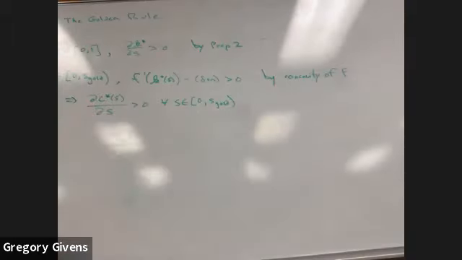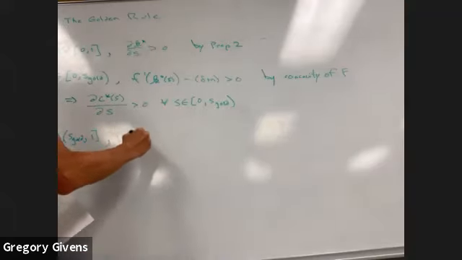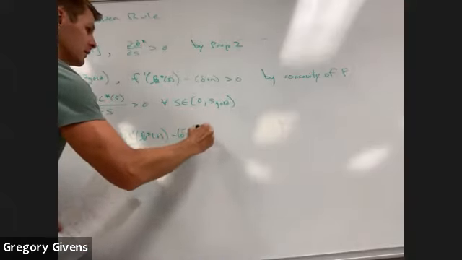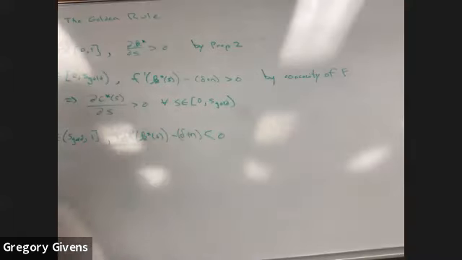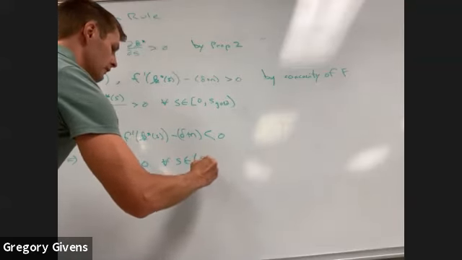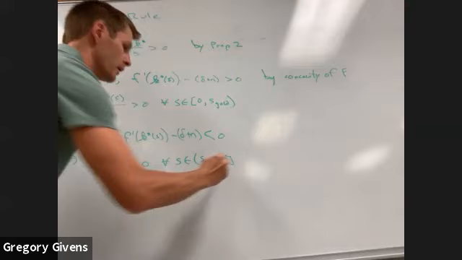Well, by the converse argument, for all S between S gold and 1, we know that F prime of K star minus delta plus n is less than 0, which implies that dC/dS is negative for all S between S gold and 1.